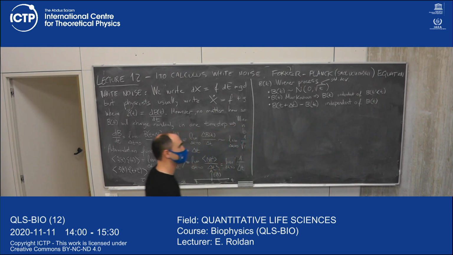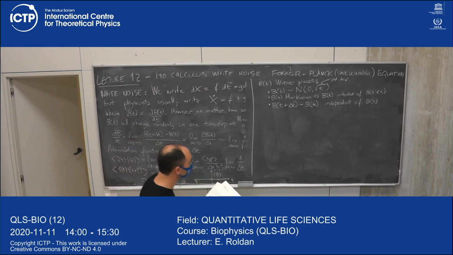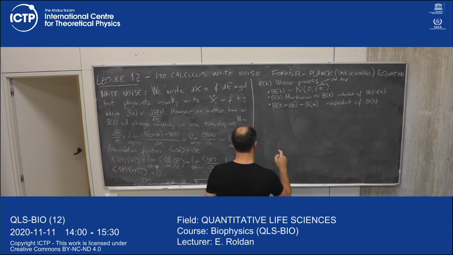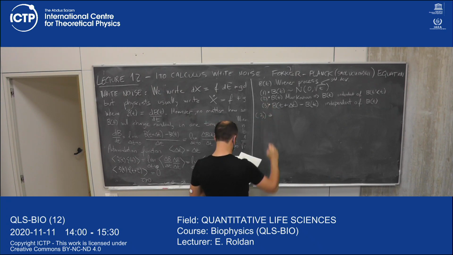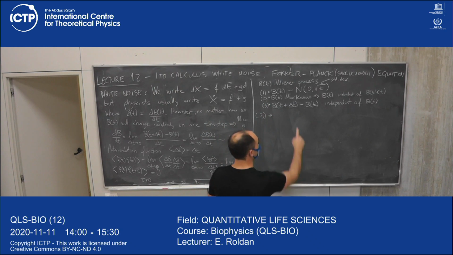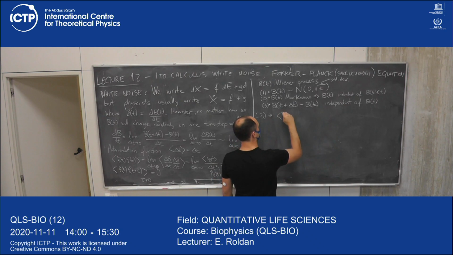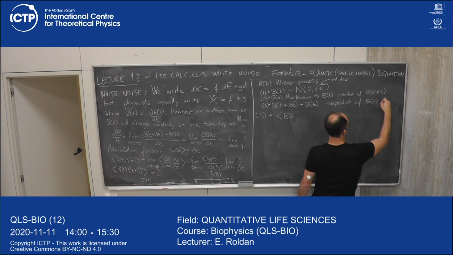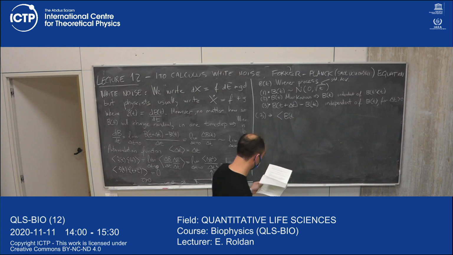These are three properties that are important from the Wiener process. Okay, and so this means, from the third property, from 3, we get that this is independent of B. Okay, this is for any delta t greater than 0, even very small.